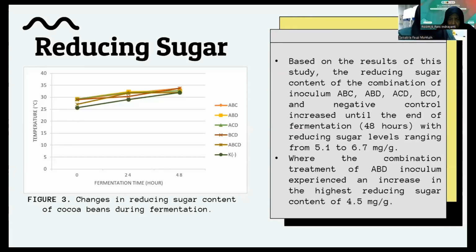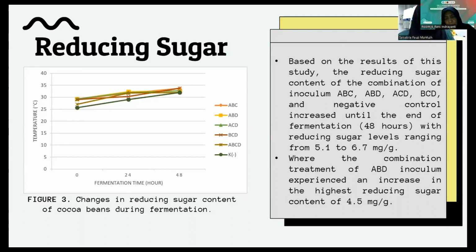Reducing sugars are the precursors of the carbonyl aroma in fermented cocoa beans, mainly produced by hydrolysis of sucrose into fructose and glucose. The increase in reducing sugar concentration may be due to the hydrolysis of sucrose into glucose and fructose by the invertase enzyme.